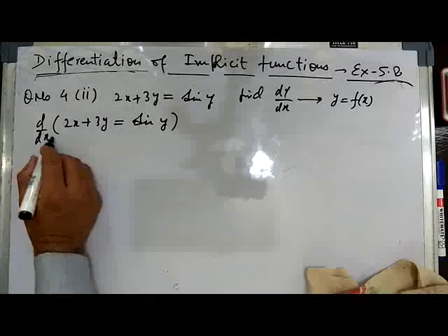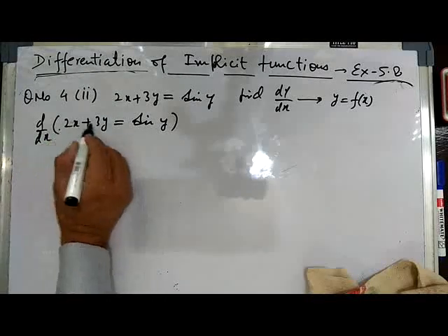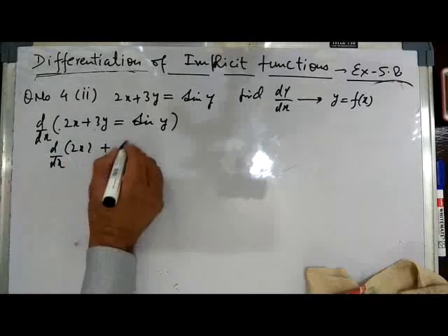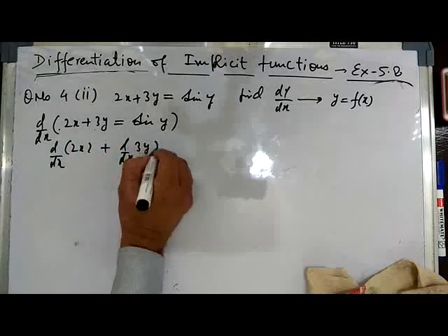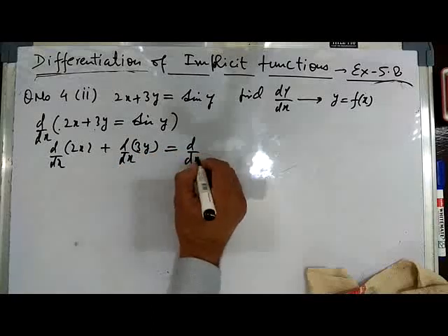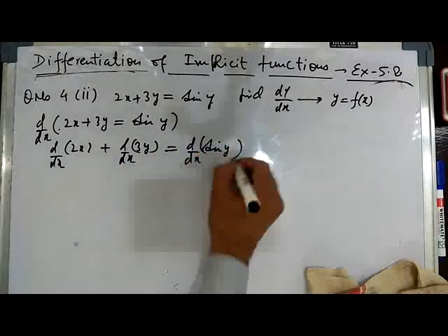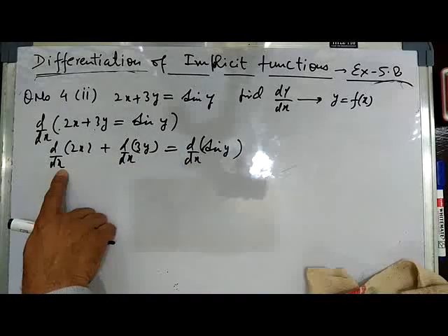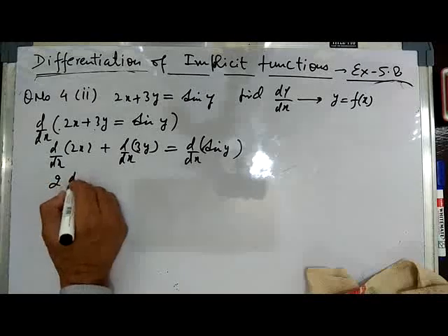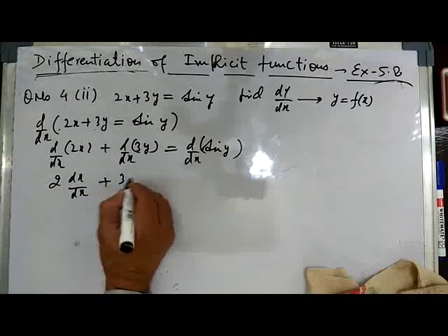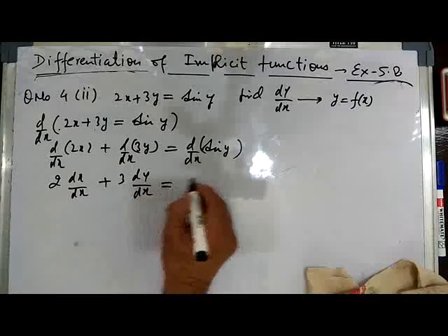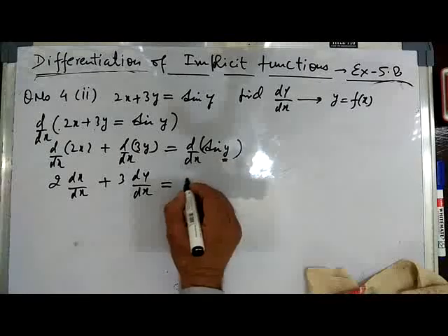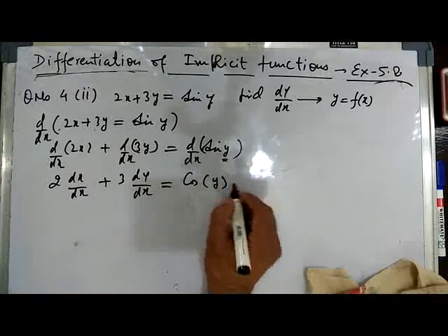See the process carefully. The d/dx operator will go to all these functions: d/dx of 2x, d/dx of 3y, d/dx of sin y. Now you will see that the differential of all these parts is taken with respect to x. So it is 2 dx/dx, it is 3 dy/dx, and here d/dx will strike sine. Assuming this as sin x, it would be cos x, but there is no x, there is y.